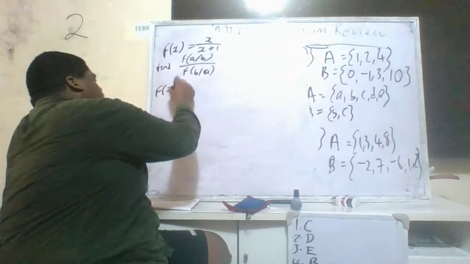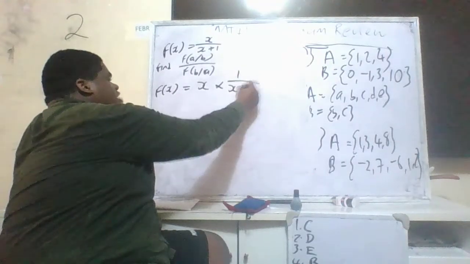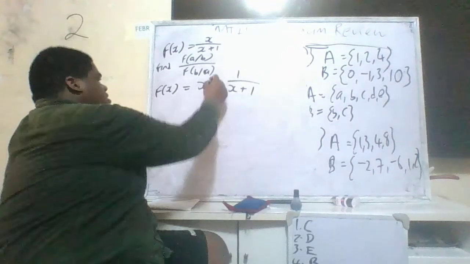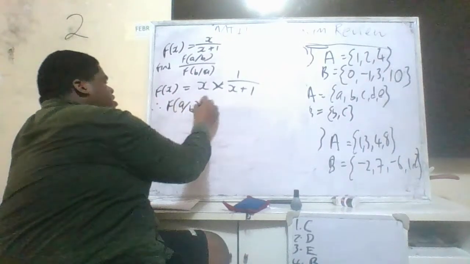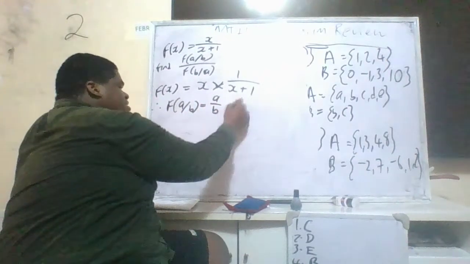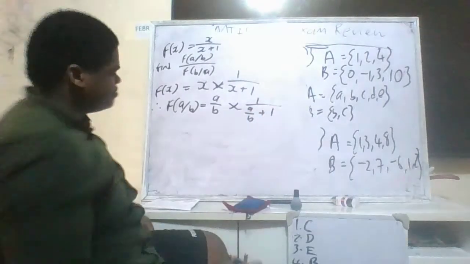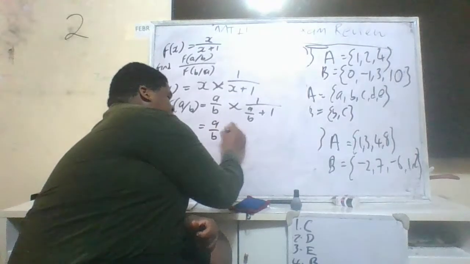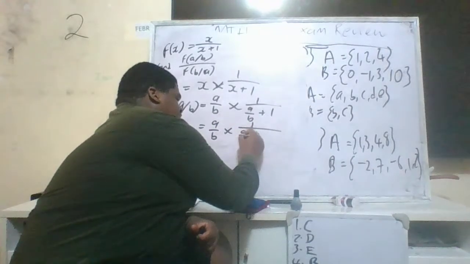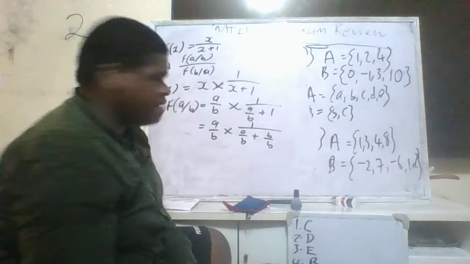f of x is equal to x times 1 over x plus 1. Therefore, f of a over b is going to equal a divided by b times 1 over a divided by b plus 1. This is equal to a divided by b times 1 over a divided by b plus b divided by b, because 1 is equal to b divided by b.